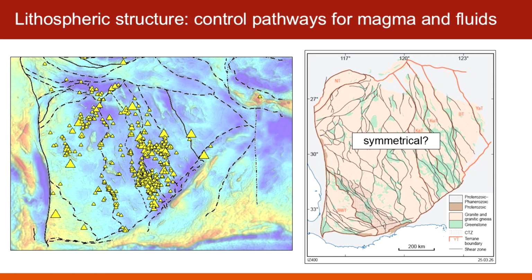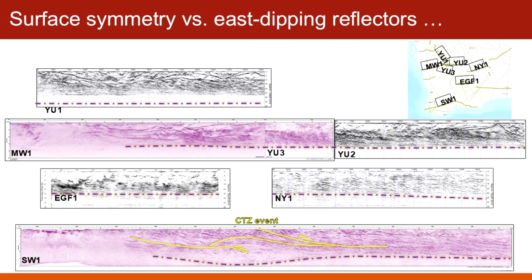They look symmetrical at the surface, but as we've seen before, in many of those seismic lines, and we haven't actually talked about this one, this is the YOM line, it shows the same thing. Yilgarn, Officer, Musgrave, we have a strong eastward dipping fabric. So where you can map the surface fabrics into the crust, only one set of those, and we haven't systematically done that, but in most cases, it's the ones that are more northeast oriented.